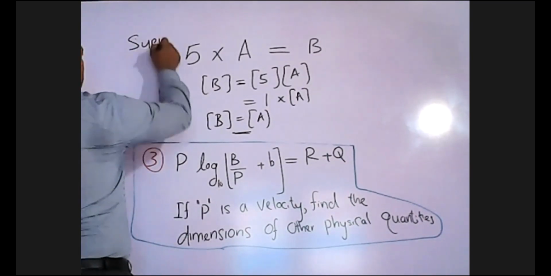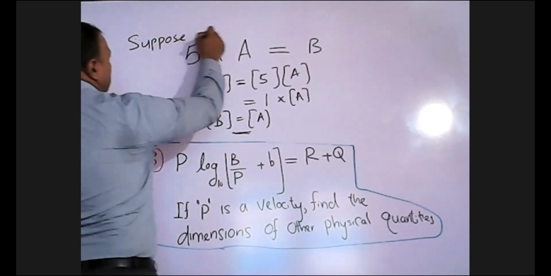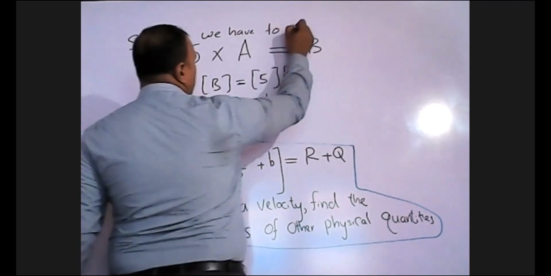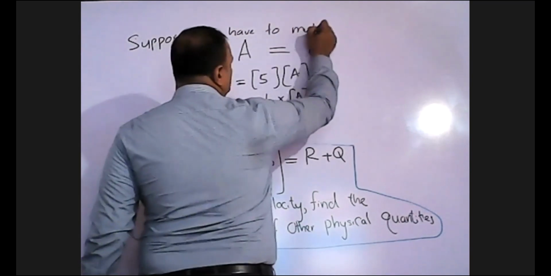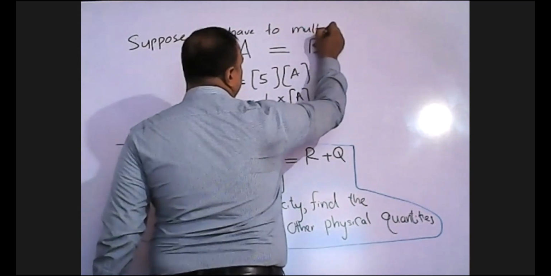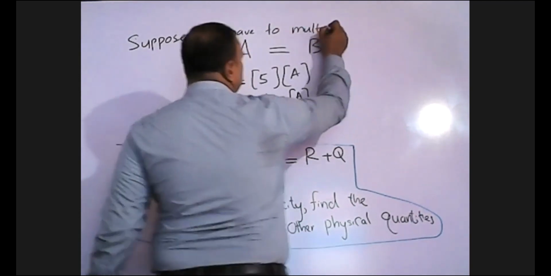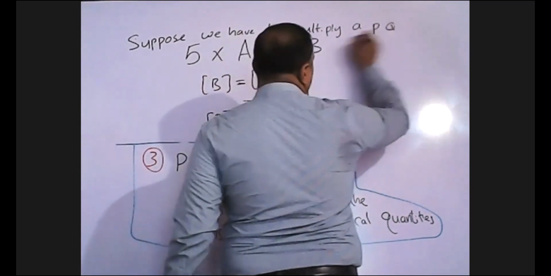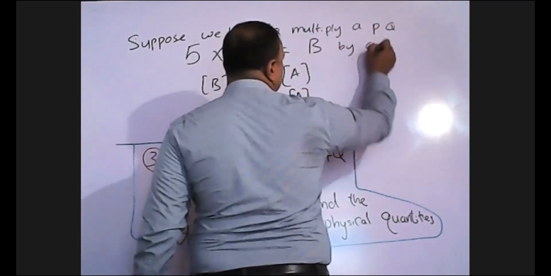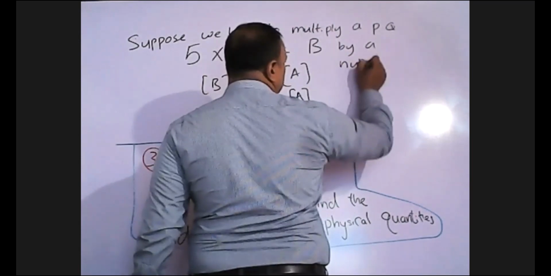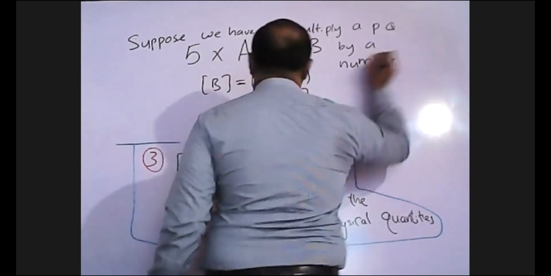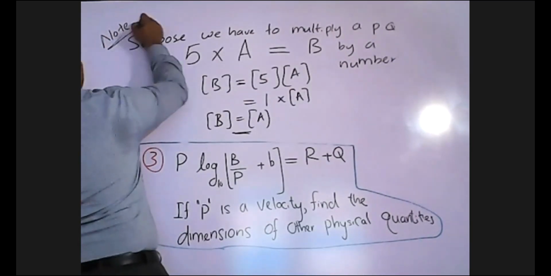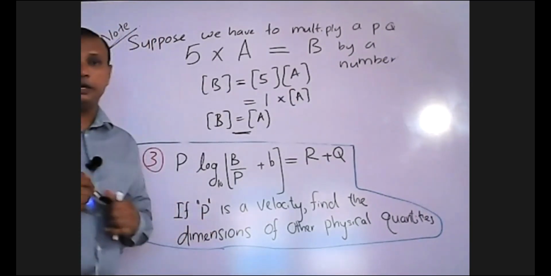Let's write this down too. Suppose we have to multiply a physical quantity by a number. This is a note, okay?